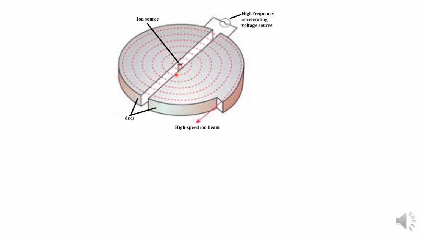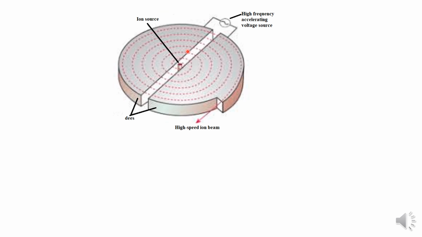Again, when the ion from D2 enters the gap, the polarity reversal takes place, and now D1 becomes negative, and therefore the ion gets attracted by D1 and enters the D1 chamber with higher velocity, describing a circular path of greater radius, and this repeats a number of times.